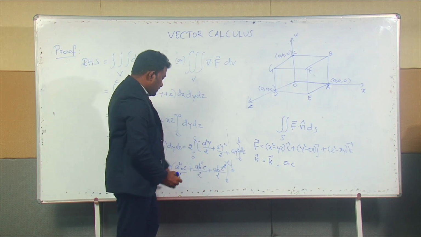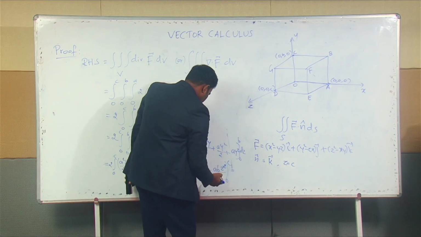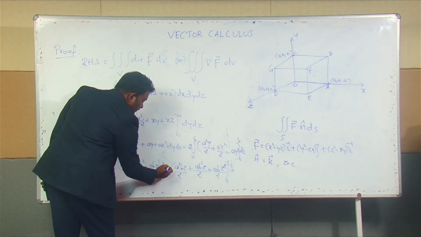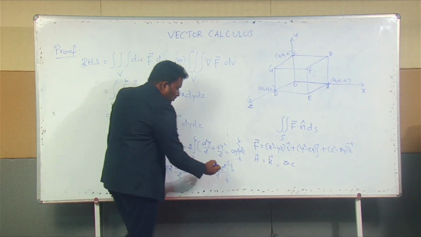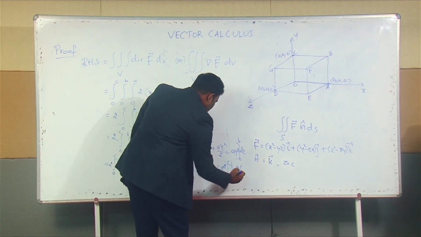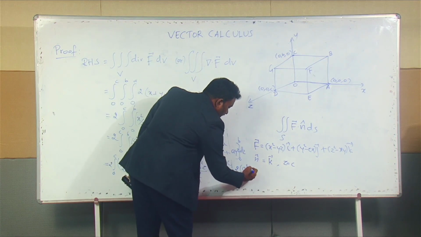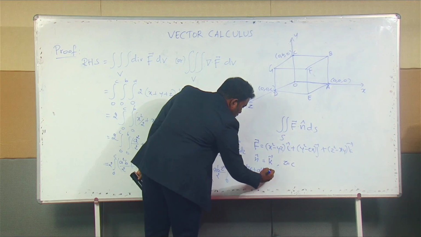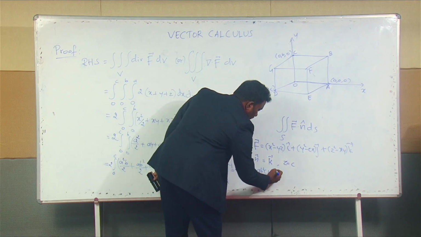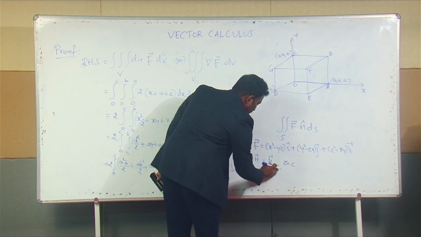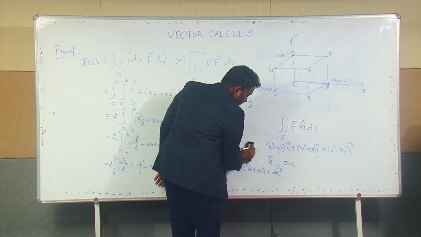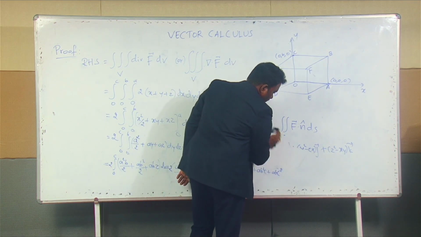By applying the limit, we get the answer: 2 times a squared b c plus a b squared c plus a b c squared.